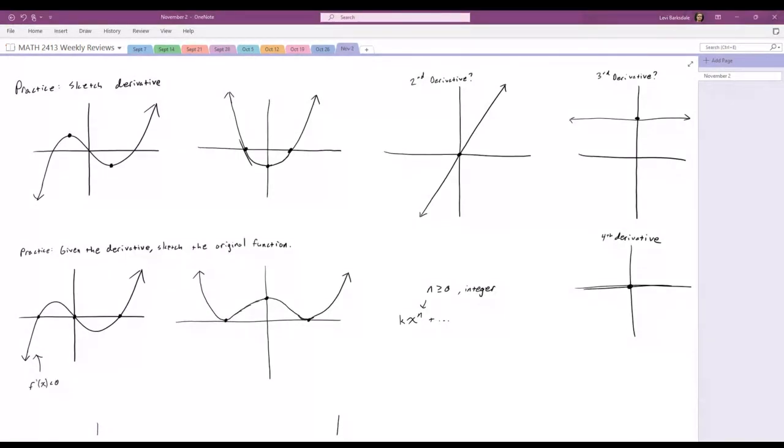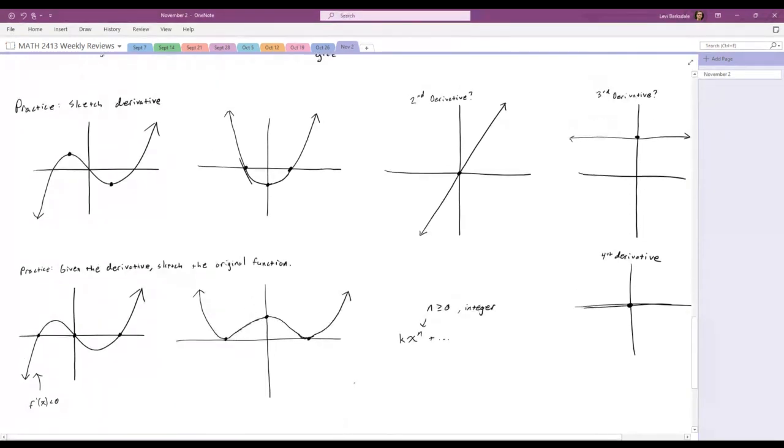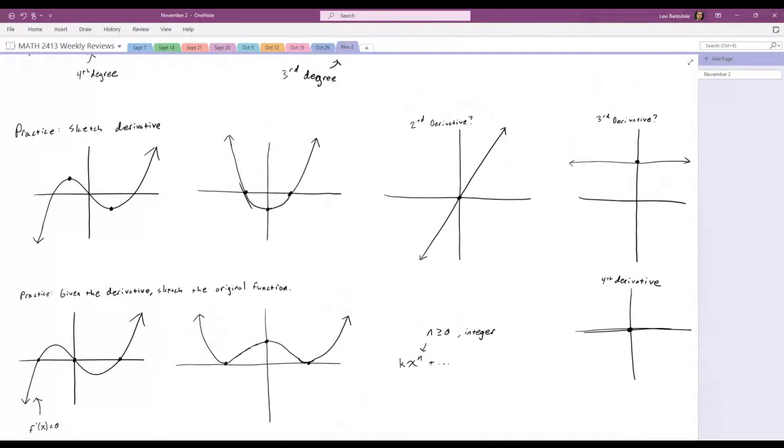Okay, but does everyone understand how I sketched my original function using my derivative? Okay, cool. In that case, I do want to talk about what this second derivative means.